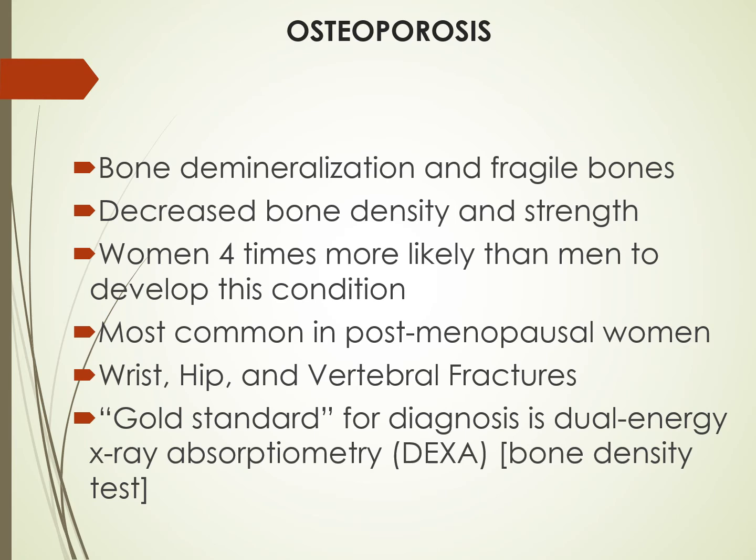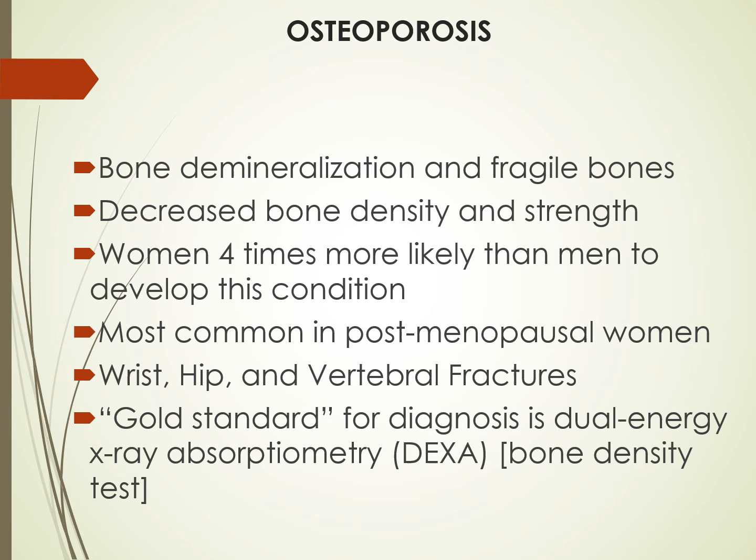Your peak bone mass is in your 30s, especially for females, and then gradually over time, the bones demineralize. So prevention of osteoporosis is very important, since reversing osteoporosis can be very difficult, even with calcium, vitamin D, and some of the drugs that we'll talk about.